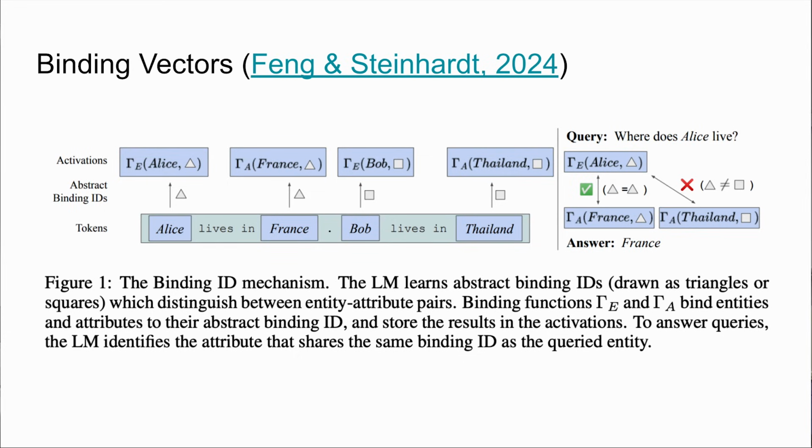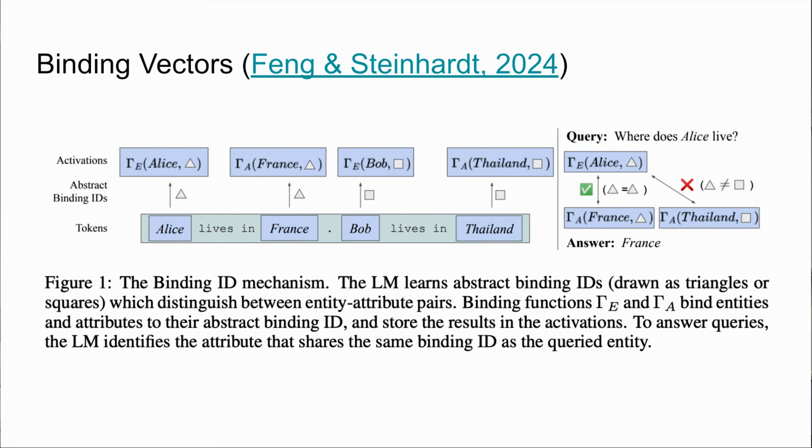Binding vectors, another great one, I think is really related to what we were talking about with inhibition heads and selecting, inhibiting specific positions in a sequence, although without using absolute position.